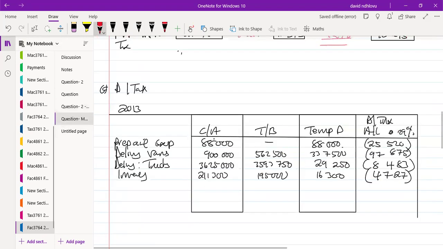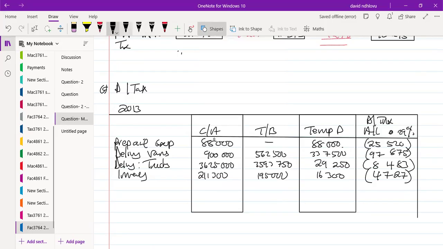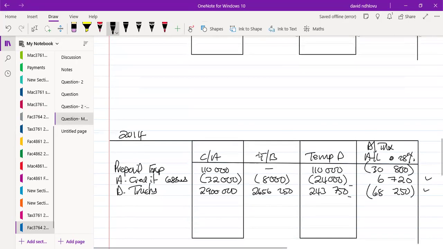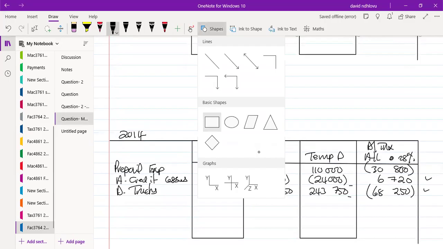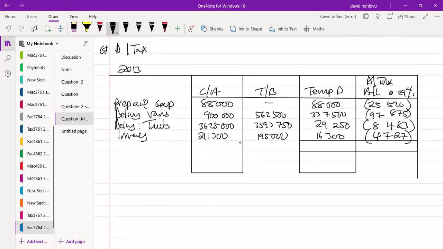So therefore, we are not going to have a difference in the year 2014. There is no impact in terms of deferred tax there. Are we on the same page on that? Yes. We are done calculating deferred tax here, and then we close the calculation.